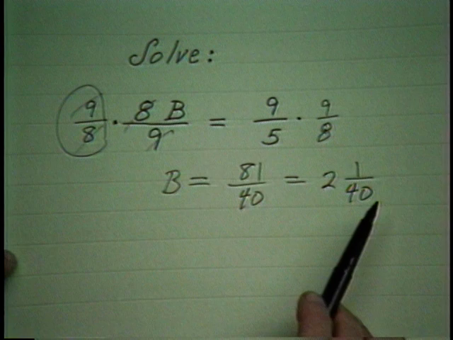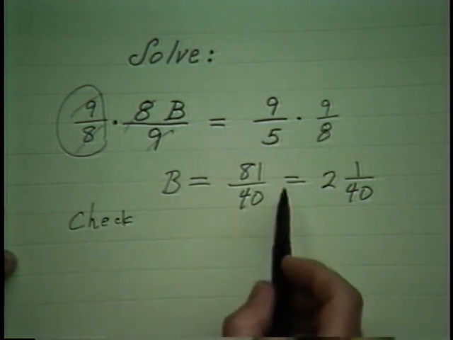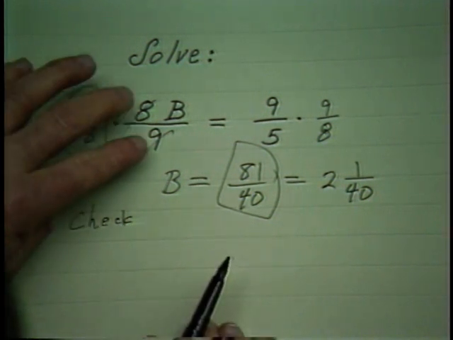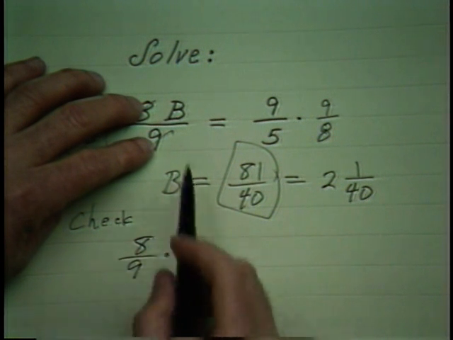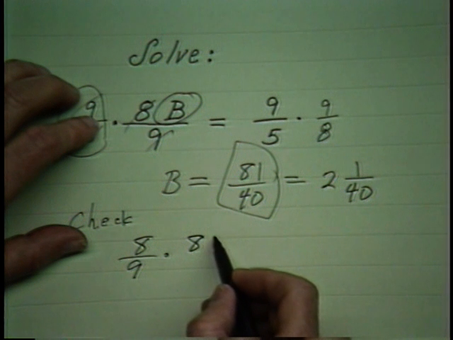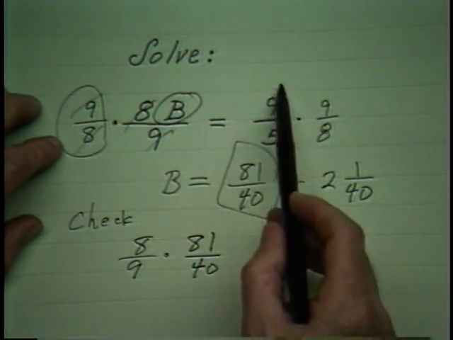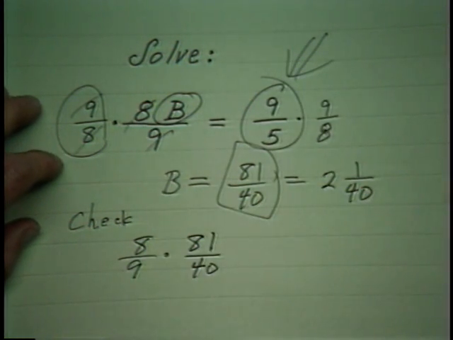But now see, if I wanted to check, it's easier to check with the improper fraction form, because this says 8/9 times b, which we're now claiming is 81/40, we hope will be 9/5.